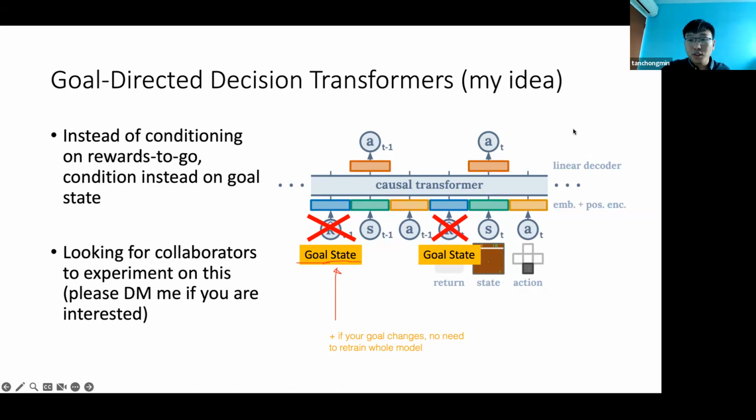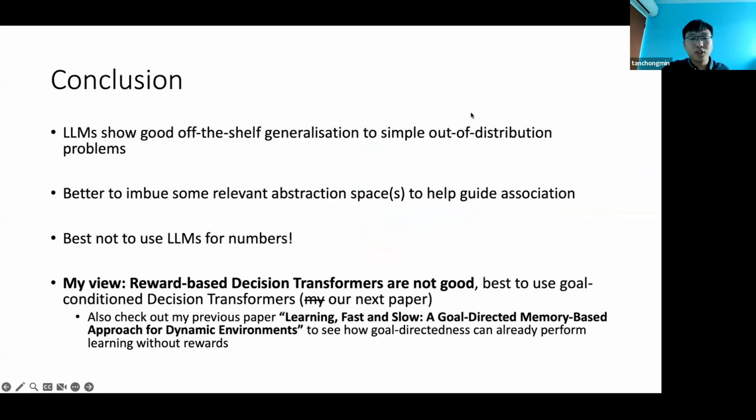Okay, so let's move on to the conclusion. We have shown in this paper on large language models as pattern machines that LLMs can do off-the-shelf generalization quite well to out-of-distribution problems, provided that the tokenization is correct, so you can use some semantic meaning to sort of match the distribution. LLMs are very good in-context learners.